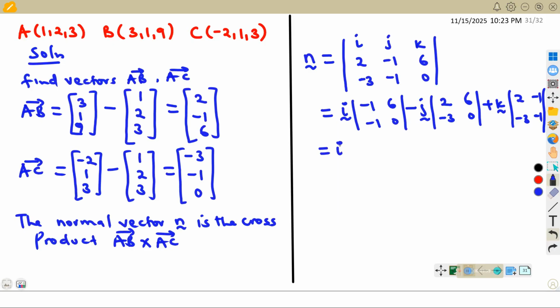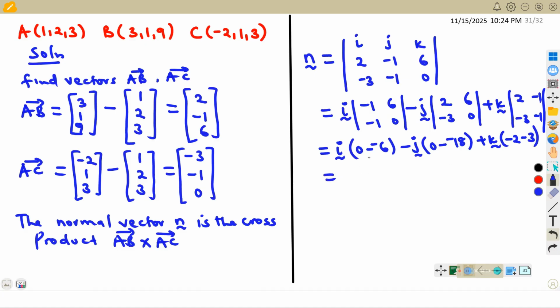So this will be i into 0 minus negative 6, minus j into 0 minus negative 18, and again k into negative 2 minus positive 3.